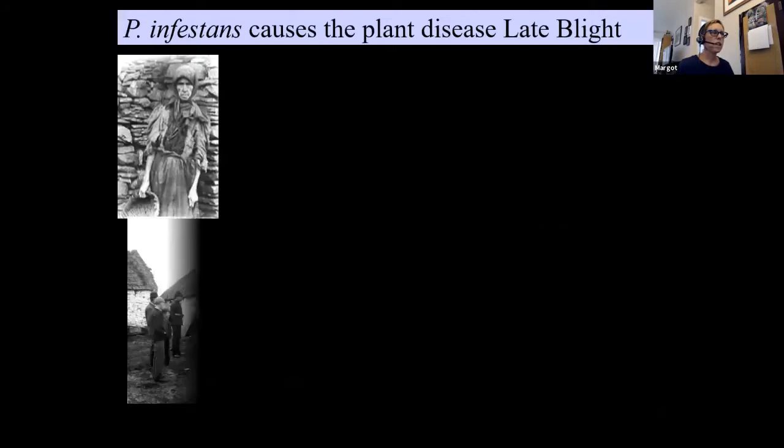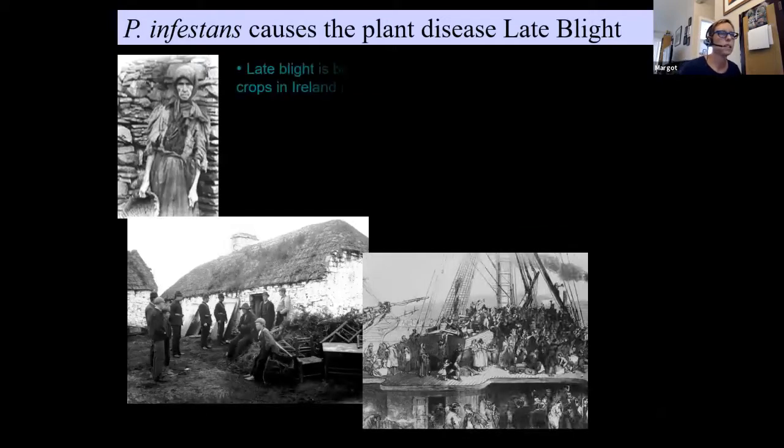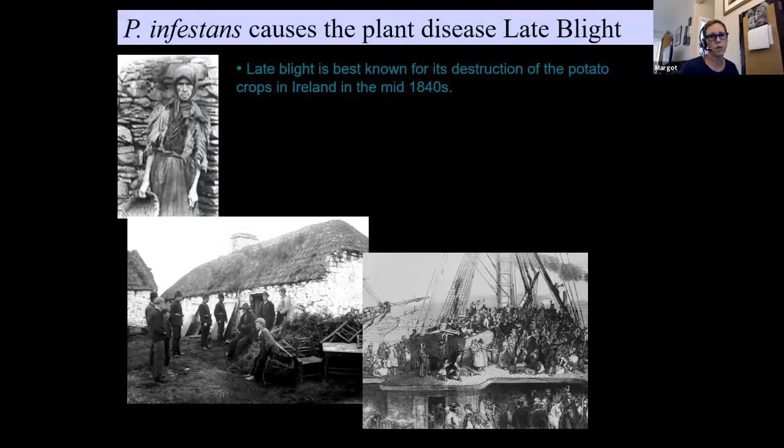All right, so Phytophthora infestans causes a plant disease known as late blight. And late blight is best known for its destruction of potatoes during the Irish potato famine. These are photos and a print from that time period.